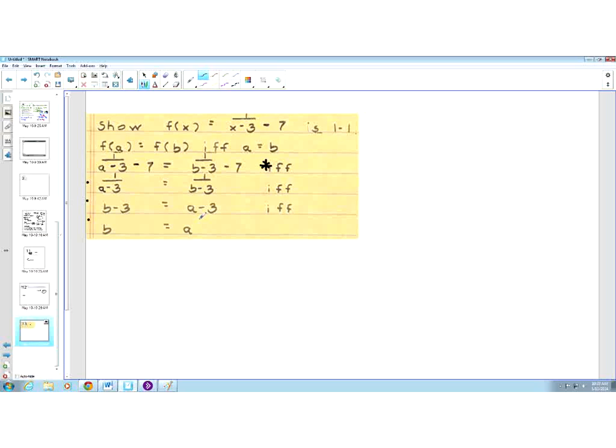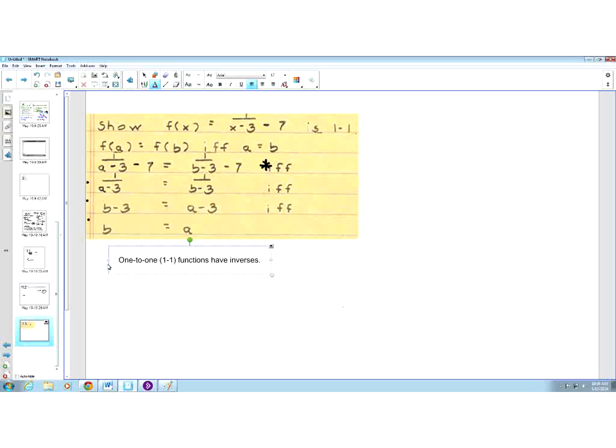Now, why do we want to know if functions are 1 to 1? Well, it turns out that 1 to 1 functions, and I'll use this symbol for 1 to 1, have inverses. All right?